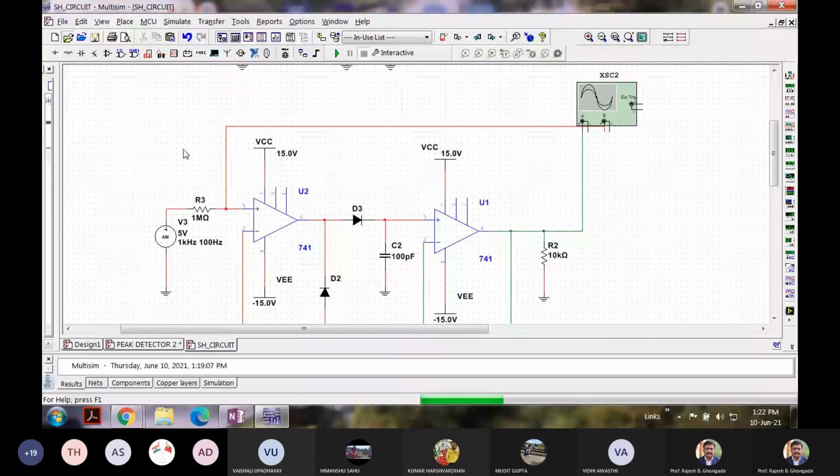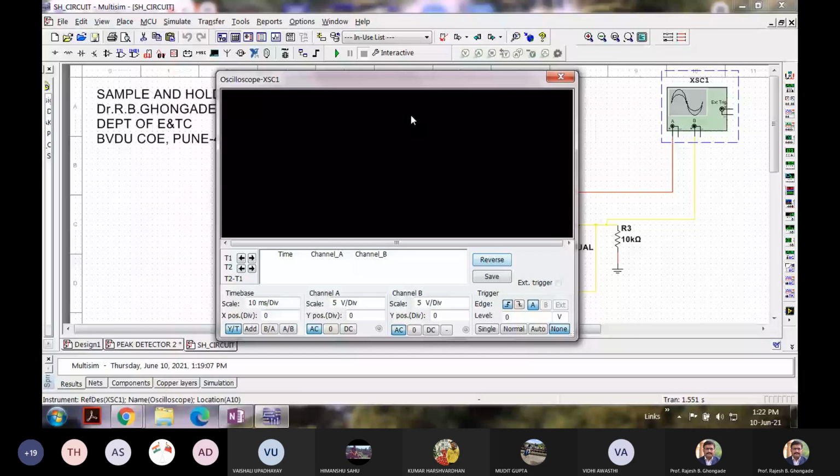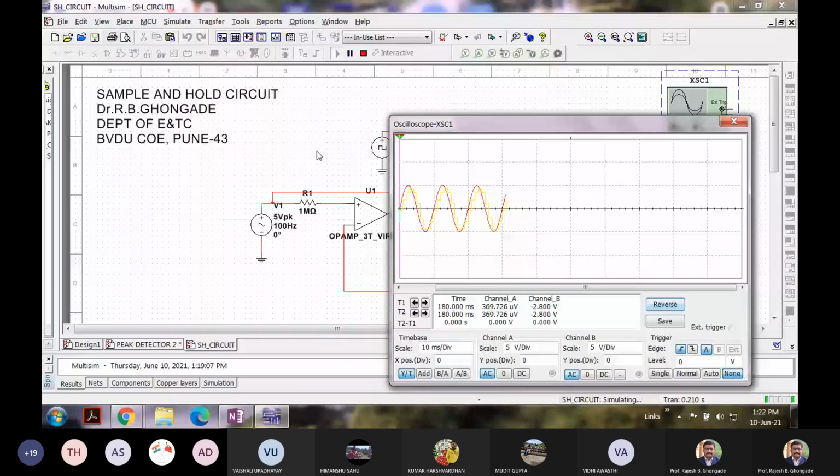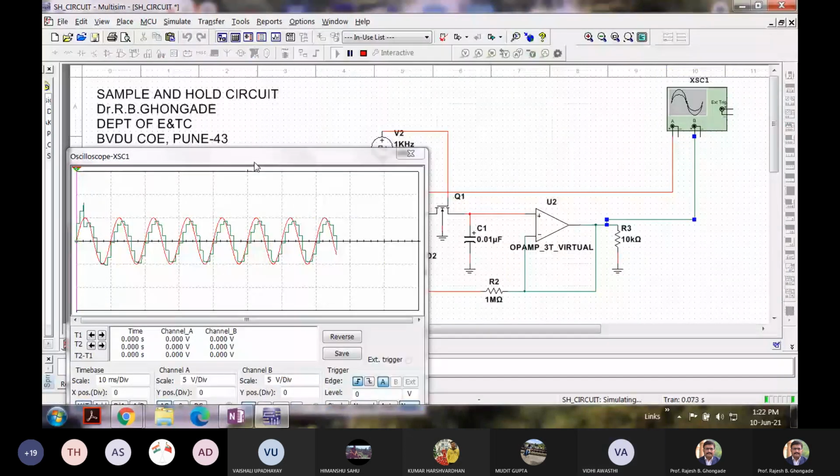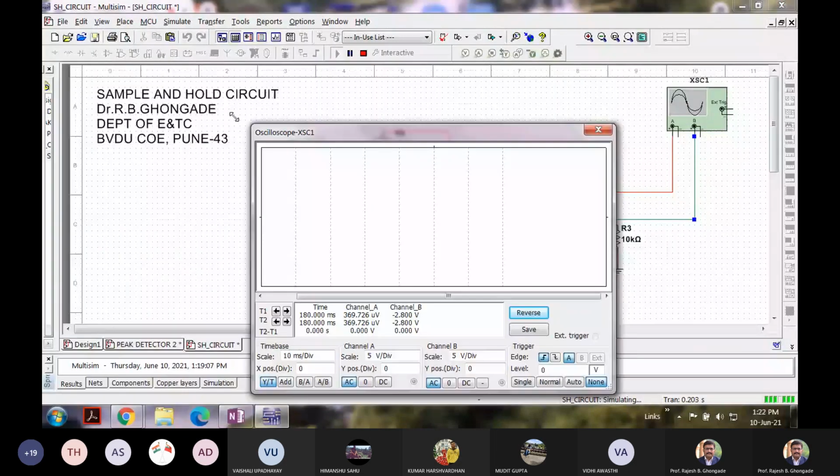Let's change the trace color. Do you see that? Are you able to see? So what we are getting is a sampled version of the input signal.